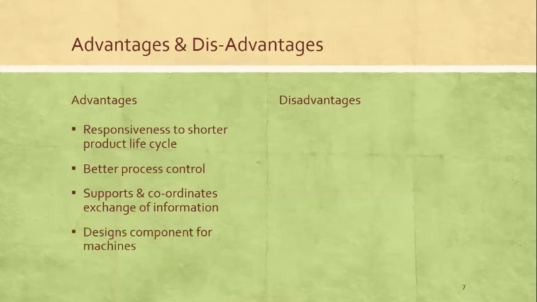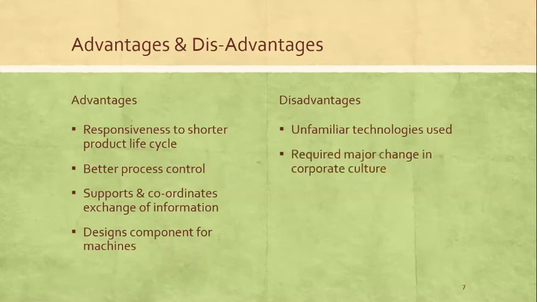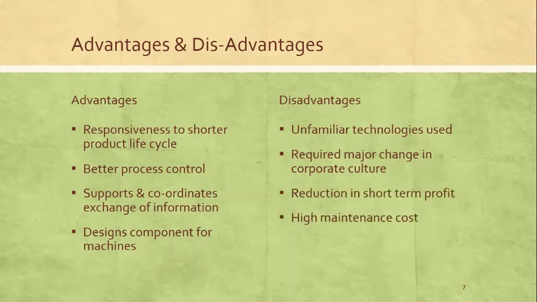And the disadvantages of CIM are that it uses unfamiliar technologies. It requires major change in corporate culture. Third one is reduction in short-term profit. And last one is high maintenance cost. These are the advantages and disadvantages of computer integrated manufacturing.